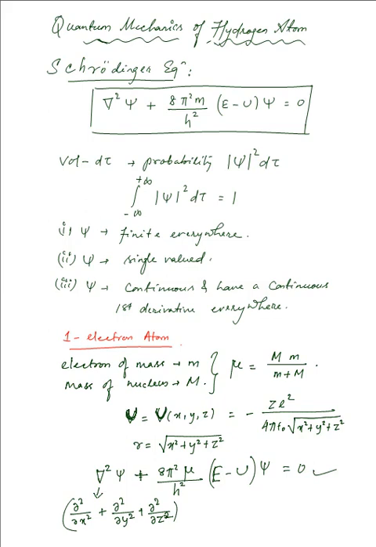So the difficulty is, however, reduced by considering the spherical polar coordinates. The potential can simply be taken as dependent on r, instead of taking it as an expansion.